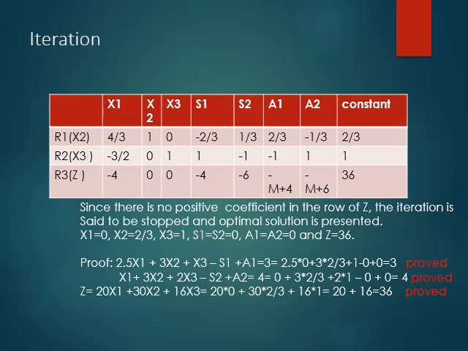And z equals 20x1 plus 30x2 plus 16x3. With x1 equals 0, 20 times 0 plus 30 times 2 over 3 plus 16 times 1 is 36. And that is okay. It is proved.